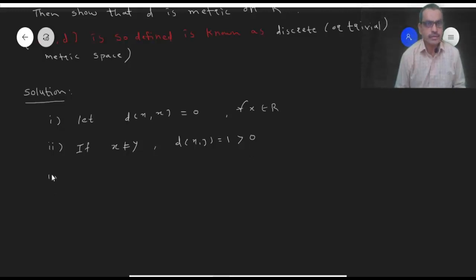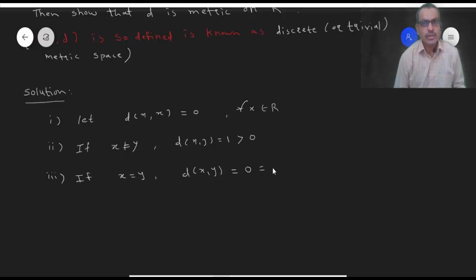Third, if x is equal to y, then the distance between x and y is equal to 0, for x equal to y. The third condition for metric space is symmetry. That is, d(x,y) is equal to d(y,x).